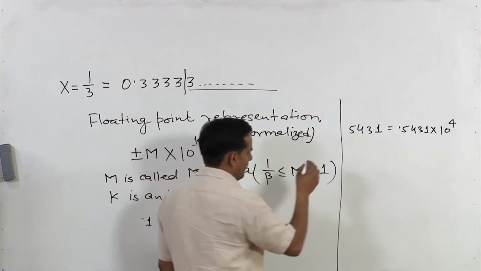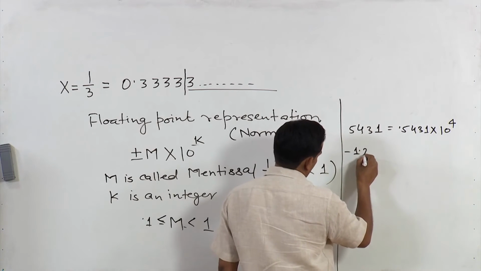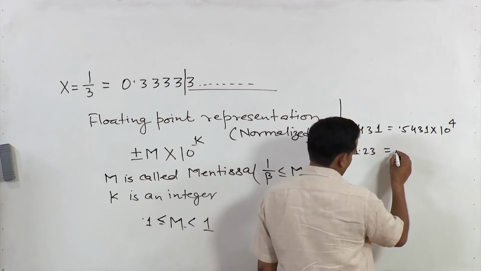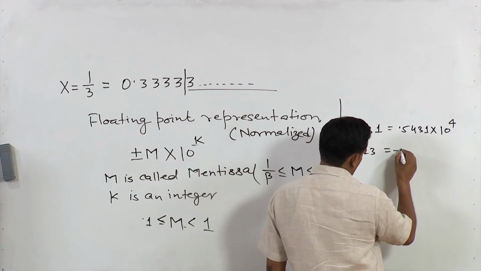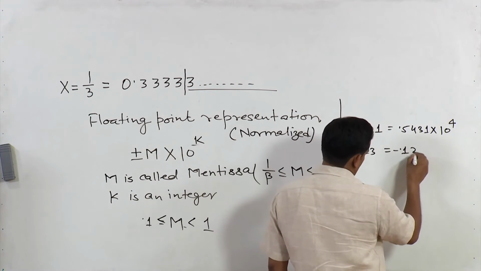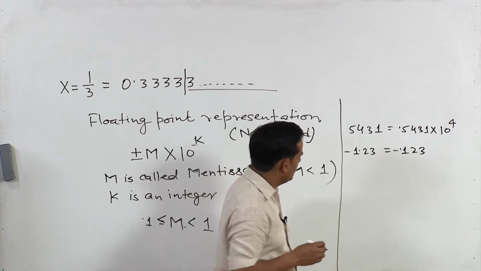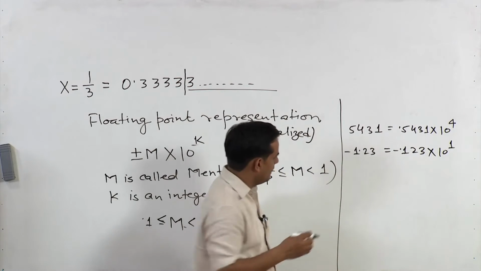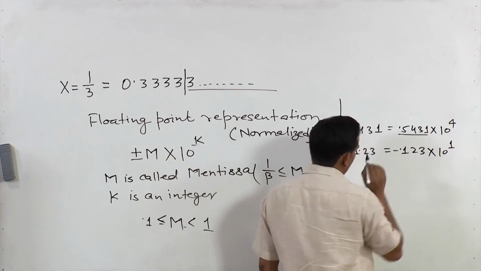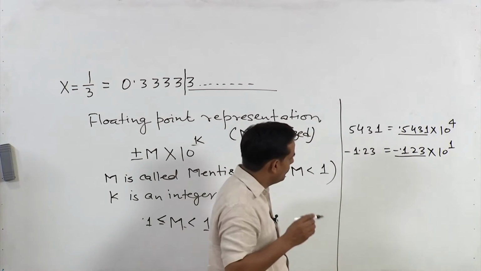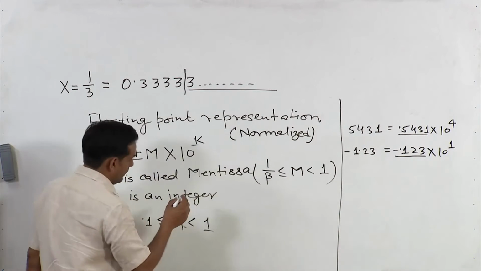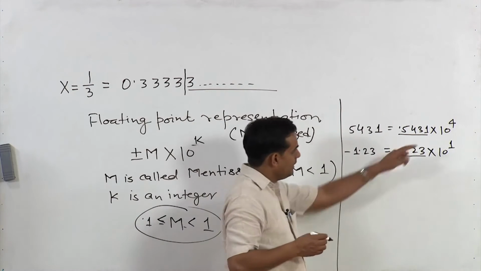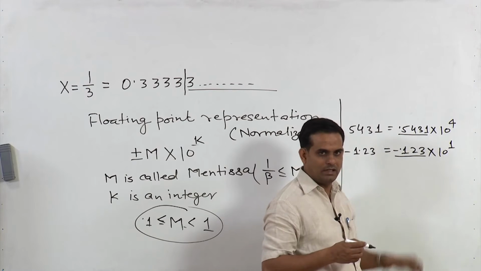Similarly, if I have a number minus 1.23, then this number can be written as minus 0.123 into 10 raised to power 1. Here you can see the mantissa is 0.5431, here the mantissa is 0.123, and each one is coming in this range. And then k is 4 here, k is 1 here.